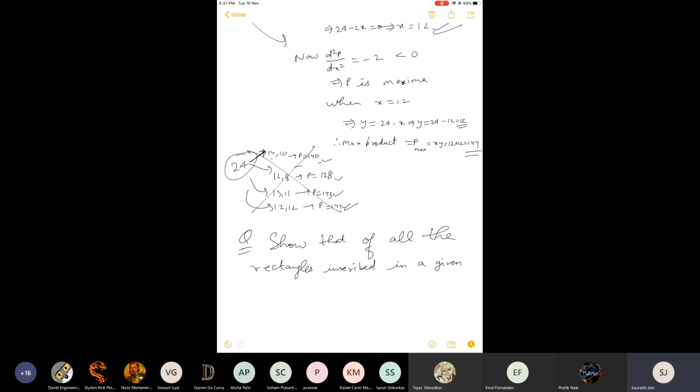You will have one more class tomorrow. I'll finish this chapter only. I'll not be starting any chapter because after that we have some vacations, right? So what you can do in these days: I have shared the maximum and minimum question bank with you today, and monotonicity and tangent normal I gave you already, but many of you could not solve it due to school exams or you were busy somewhere.